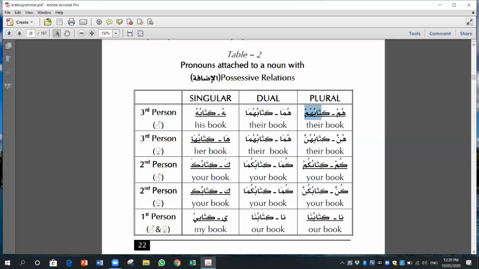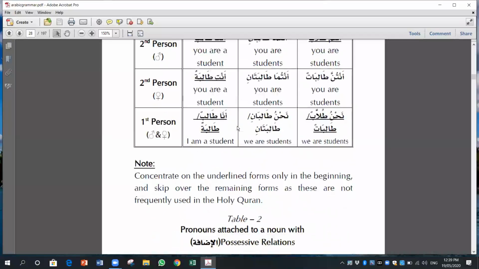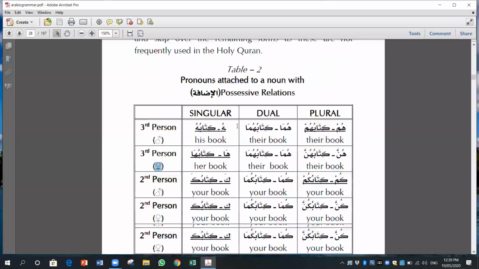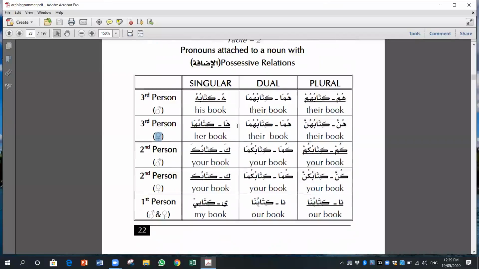Same way, if we go for third person female, here it is ha. Remember this ha. When it is joined, it becomes kitabuha, her book. Because it's female, we will say her book. And again, like with detached pronouns, huma is the same for male and female.